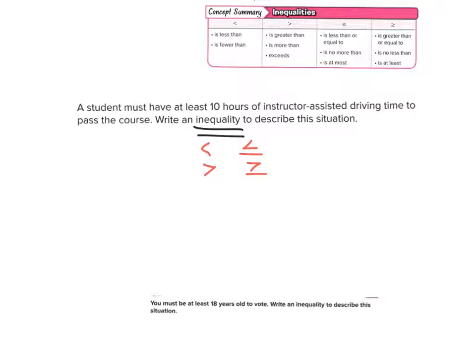So it says a student must have at least 10 hours of instructional time. So at least means they could have 10 hours, they could have 11, they could have 12, 13, and so on. So they have to have at least 10 hours. So anything that is 10 or above will work.